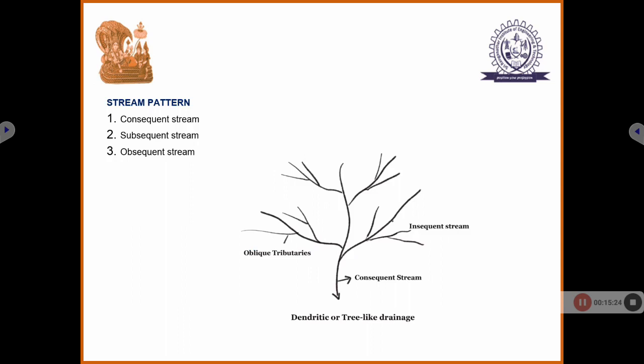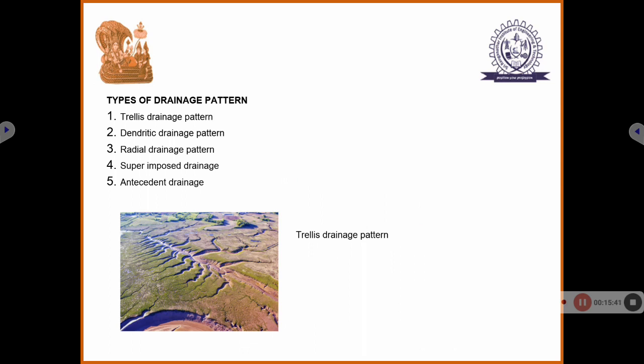There is a drainage pattern known as dendritic or tree-like drainage. This drainage pattern shows you insequent streams, consequent streams and oblique tributaries. These types of drainage patterns show you the various patterns observed from the Earth's profile.